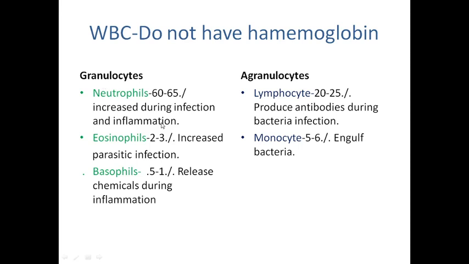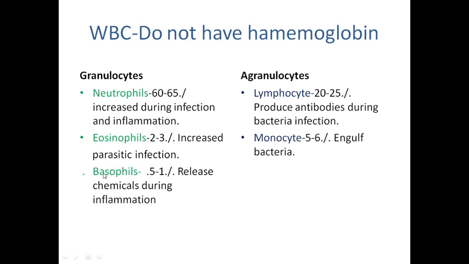The level increases during infection as well as inflammation. Next is eosinophils. The eosinophil percentage is 2 to 3 percent. It increases due to parasitic infection. When any parasite bites us, the eosinophil amount automatically increases.